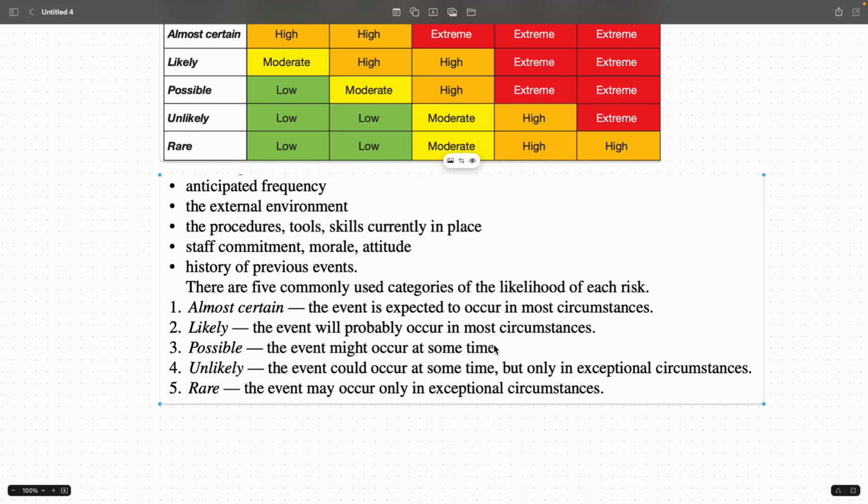You can even put the plane crash as rare. But in America right now it's possible already. Why are there so many plane crashes? Did you know why? It has nothing to do with maintenance.